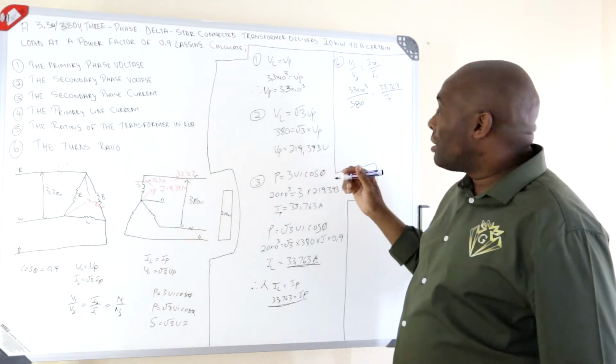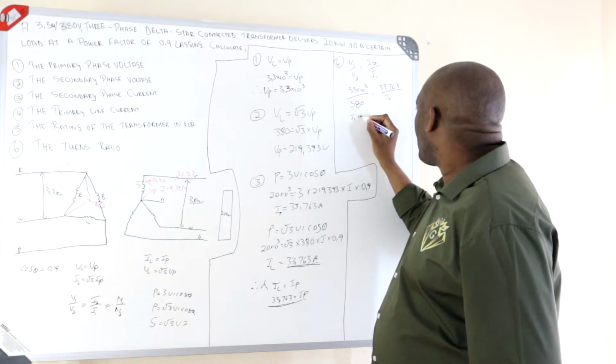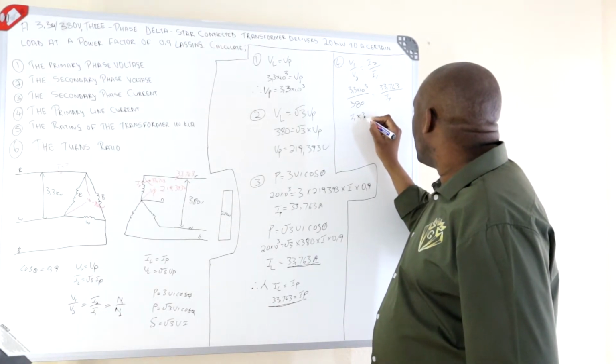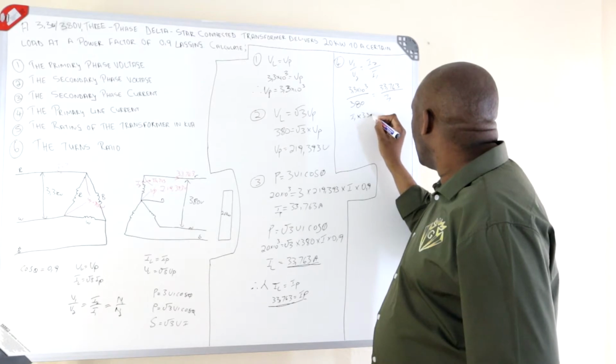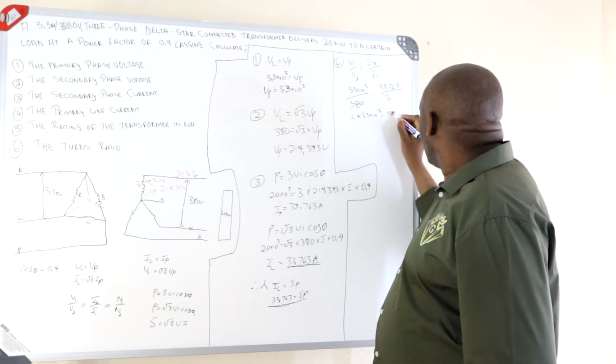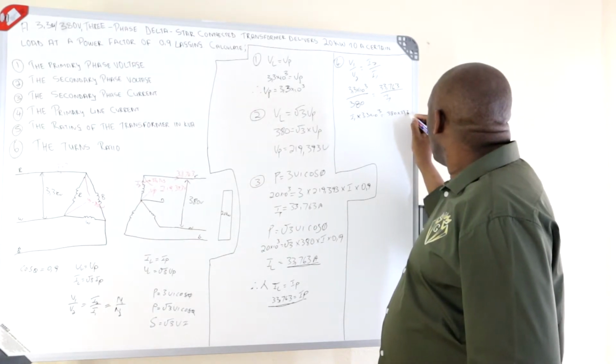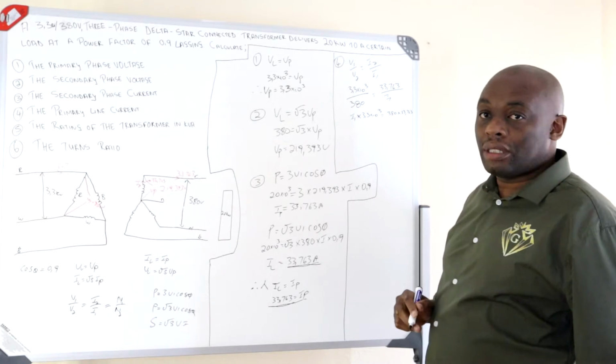Then we do cross multiplication. Then we will have I1 multiplied by 3.3 equal to 380 multiplied by 33,763.